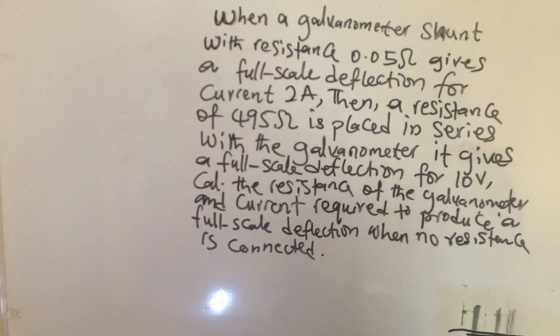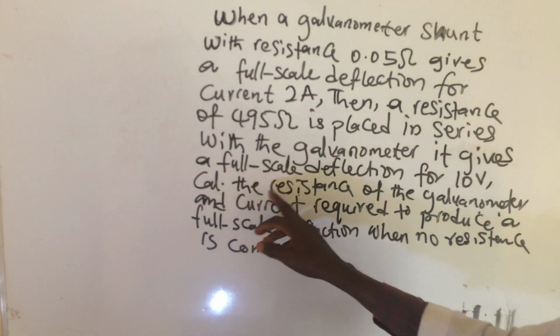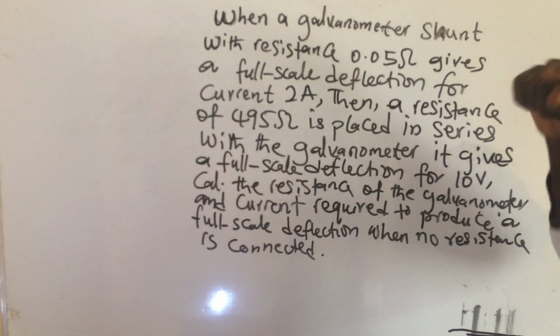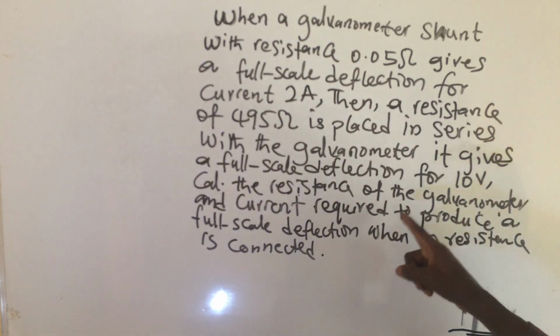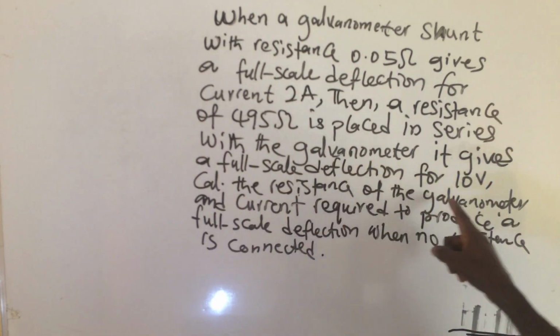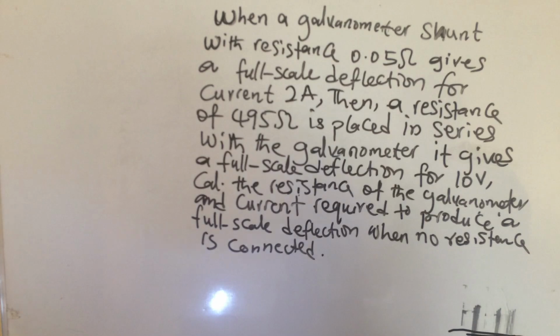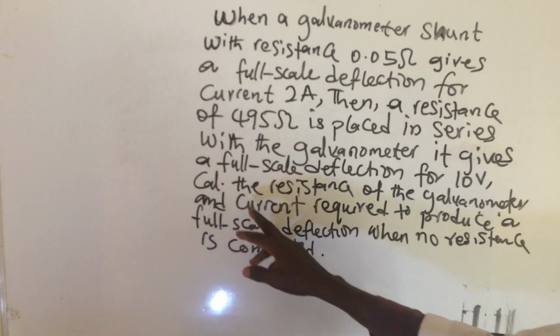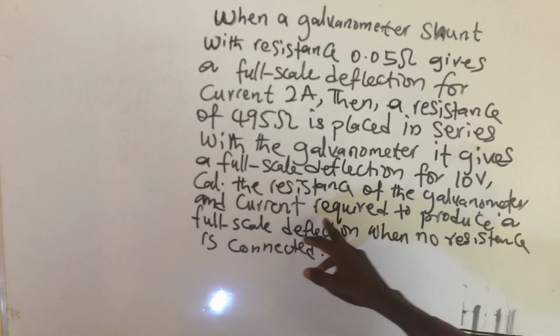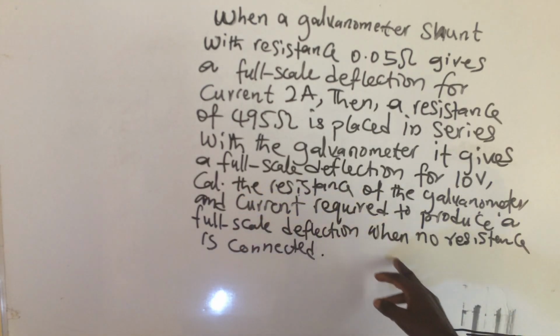Now the question asks us to find the resistance of the galvanometer itself, the original galvanometer. What is the resistance of the original galvanometer? Please check the previous question. I've treated it online. Then the same question says we should also calculate the current required to produce a full-scale deflection.